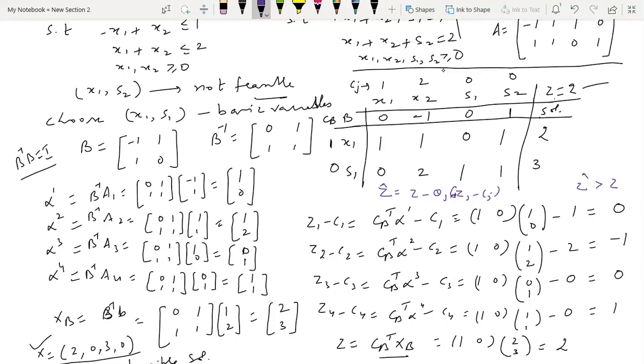So if zj minus cj is negative for some non-basic variable in a simplex table, that gives the indication that there exists a basic feasible solution which can give you an objective function value more than 2. And we got this indication here. So if I got such an indication, here is the choice of that j for which zj minus cj is negative. You enter that variable into the basis and it will improve the value of the objective function.